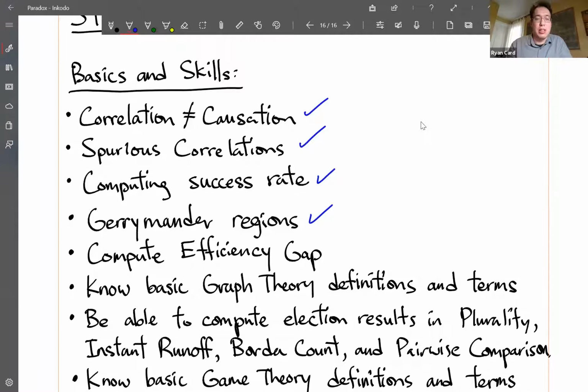There are technical terms like cracking or packing to make the opponent political party waste their votes. And I want you to be able to compute the efficiency gap, which is the difference in the percentage of wasted votes between the two parties. So you should be able to compute it.